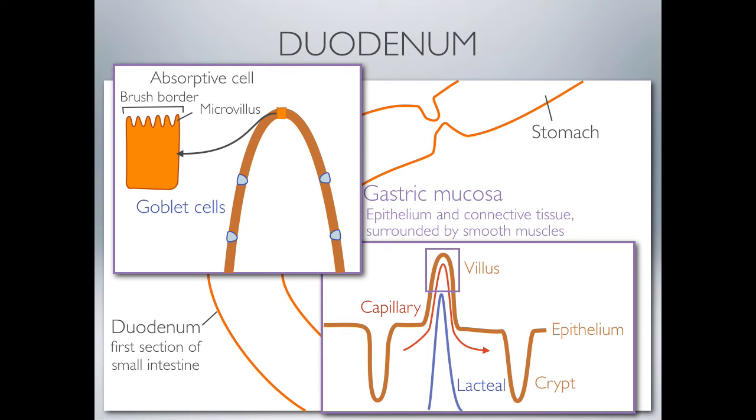And part of the responses to the chemistry of a meal are mediated by the endocrine cells. They will secrete hormones that then have an effect on the motility and the chemistry of the meal as it gets propagated through the system. All right, so absorptive cells, goblet cells, and endocrine cells.